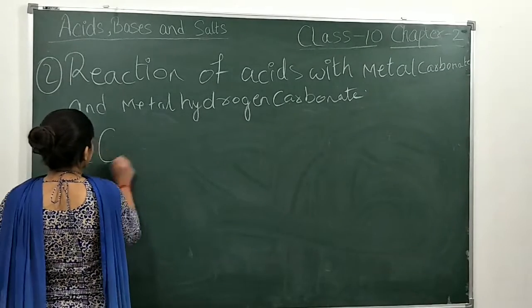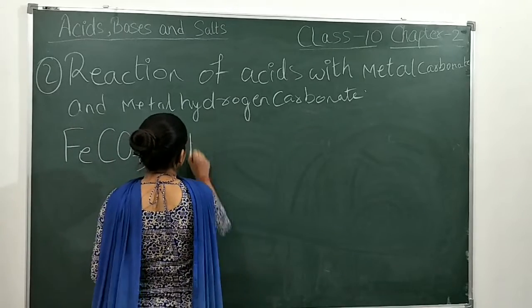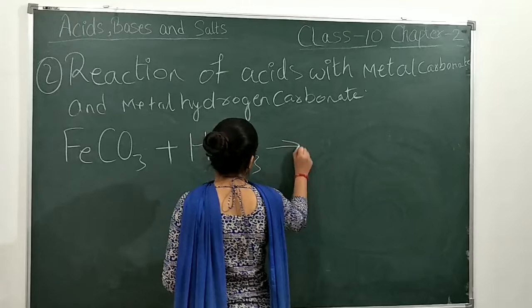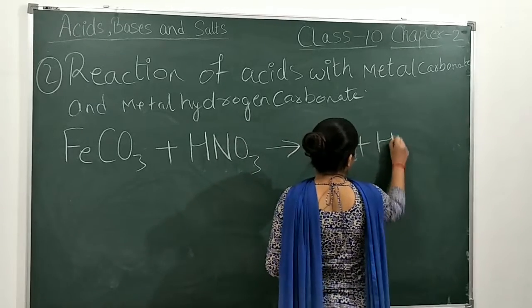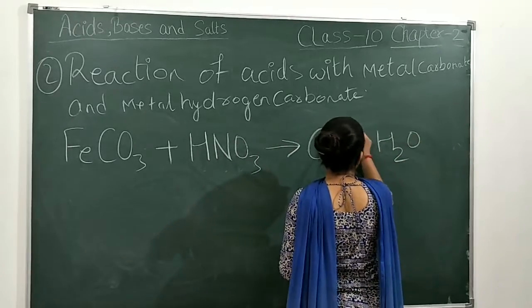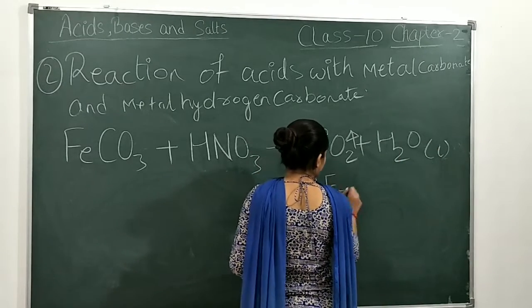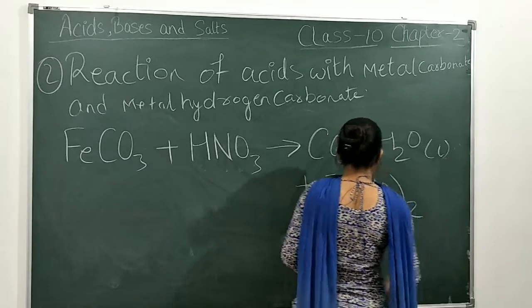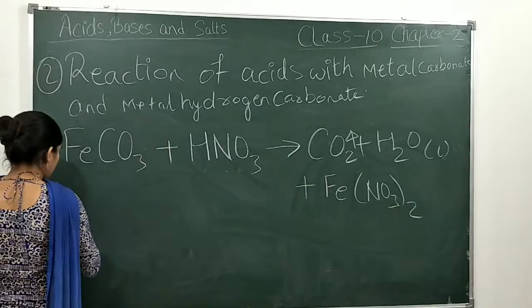When iron carbonate, FeCO3, reacts with nitric acid, that is HNO3, it will form carbon dioxide, water, and ferrous nitrate. And this is known as ferrous nitrate.